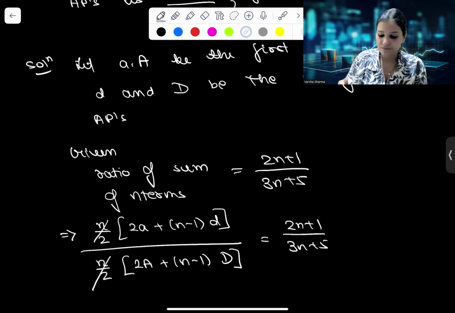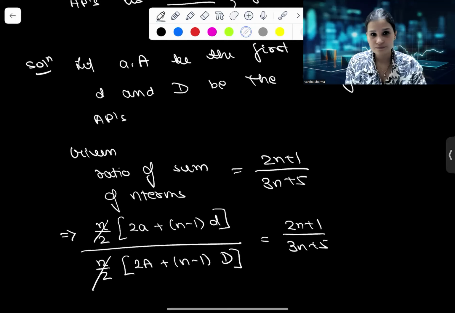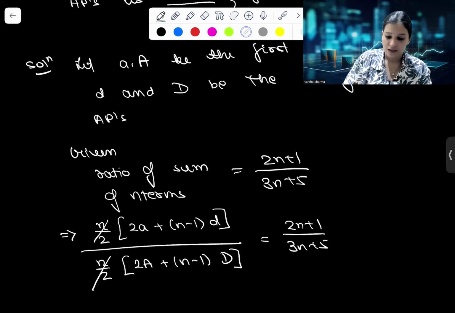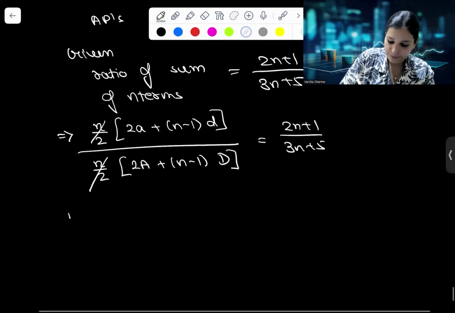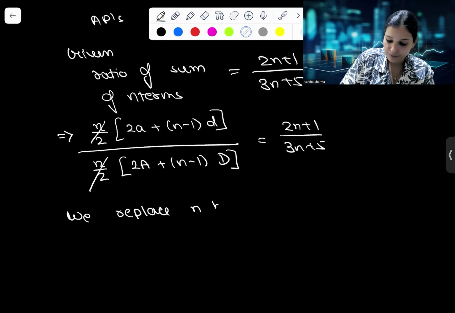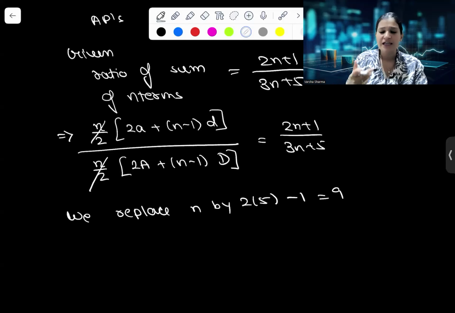Any doubt till here? No, ma'am. Now, replacing the same, we replace n by double minus 1, that is 9. Same as the MCQ portion. It's just that not just in the RHS, we also need to do that in the LHS part.